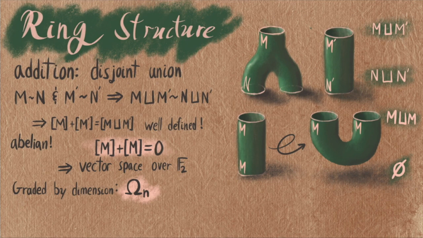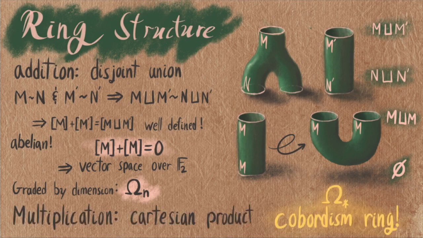To intertwine these together, we're going to use a ring structure, and that ring structure is going to be given by a multiplication operation of Cartesian product. So we have to check the same thing we do up here, that Cartesian product is actually well defined up to cobordism classes. But suffice to say, it is, and in fact, we get this graded ring called the cobordism ring, graded by dimension of manifolds.